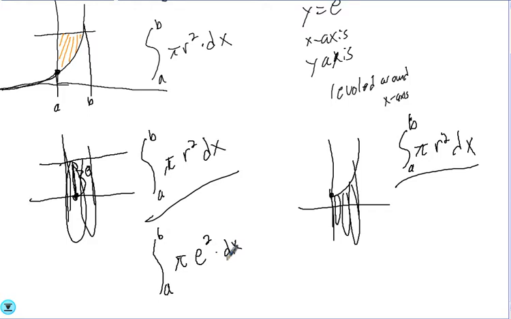Now for this second function, we have to realize what the radius is going to be here. Like I was saying, for this function, the radius is going to be exactly equal to whatever the y values are. But we should notice that the y values are changing. The y values are not the same at any instance.